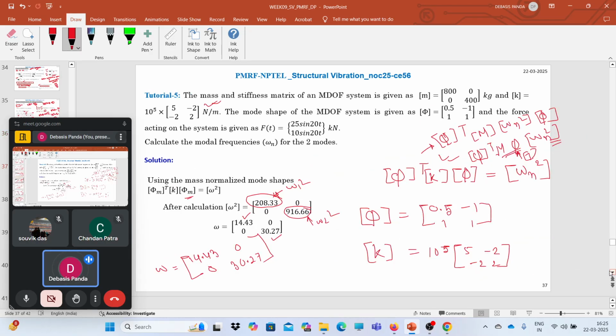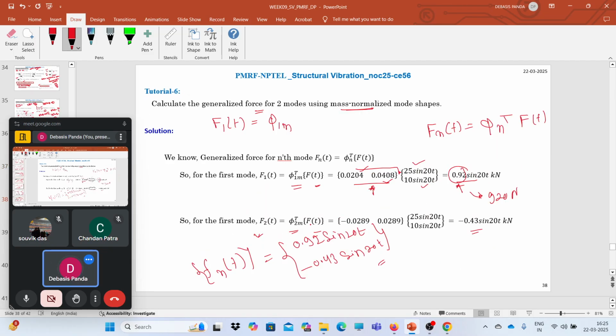And then we need to calculate the modal frequencies. To calculate them, we used the orthogonality property of the modal stiffness and mass matrices: phi transpose k phi ultimately becomes omega n square, and the square root of that gives us the natural frequency of the system. Then we have the mass normalized mode shape.